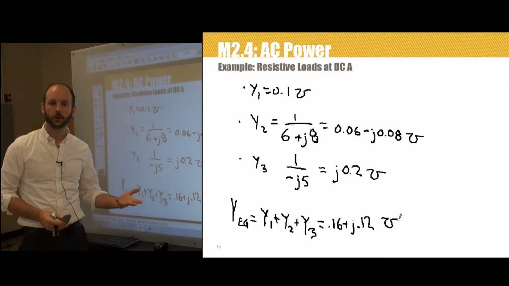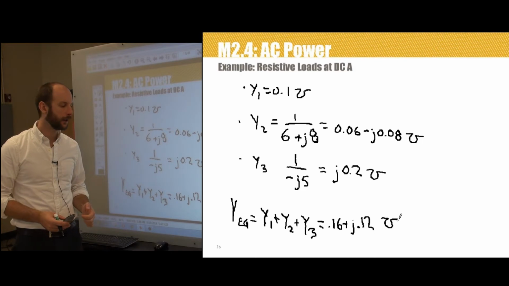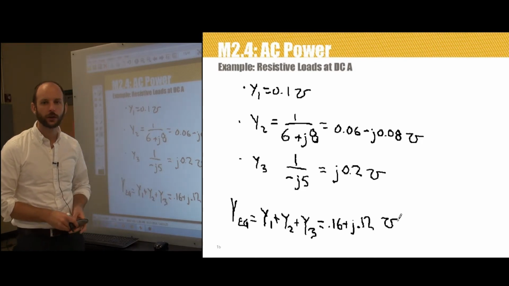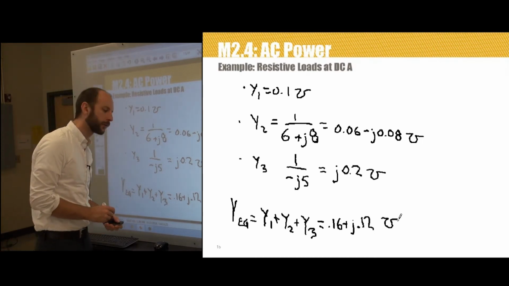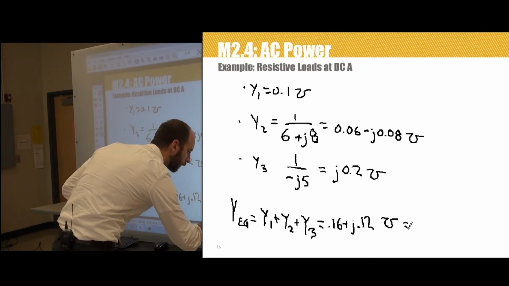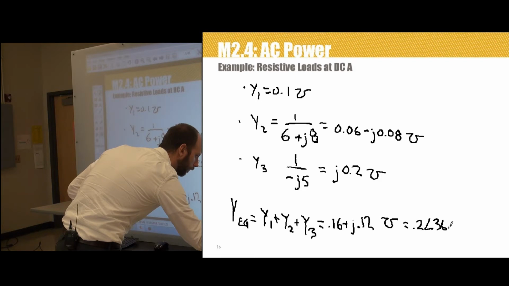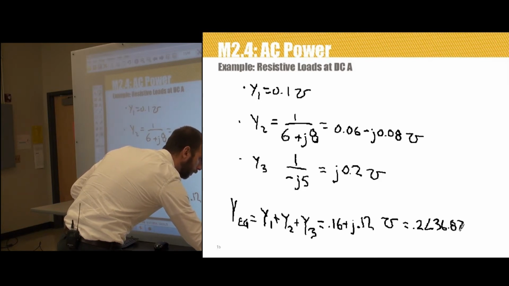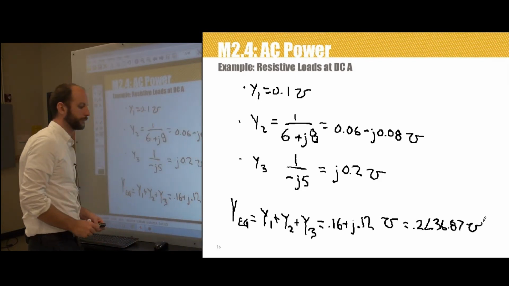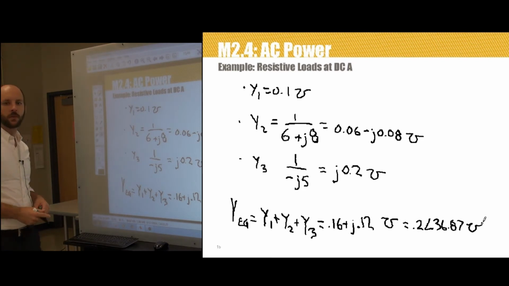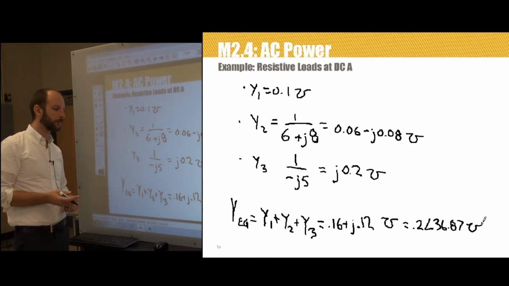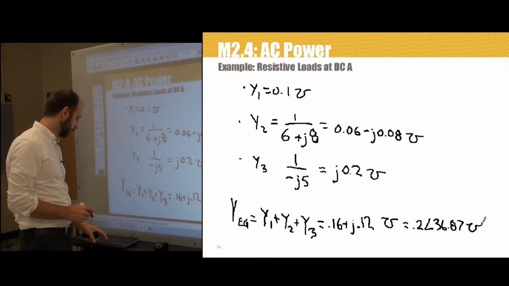So we're going to turn that into polar notation, which is just 0.2 at an angle of 36.87. They're just converting forms. So we've got a total circuit admittance of 0.2 at an angle of 36.87.